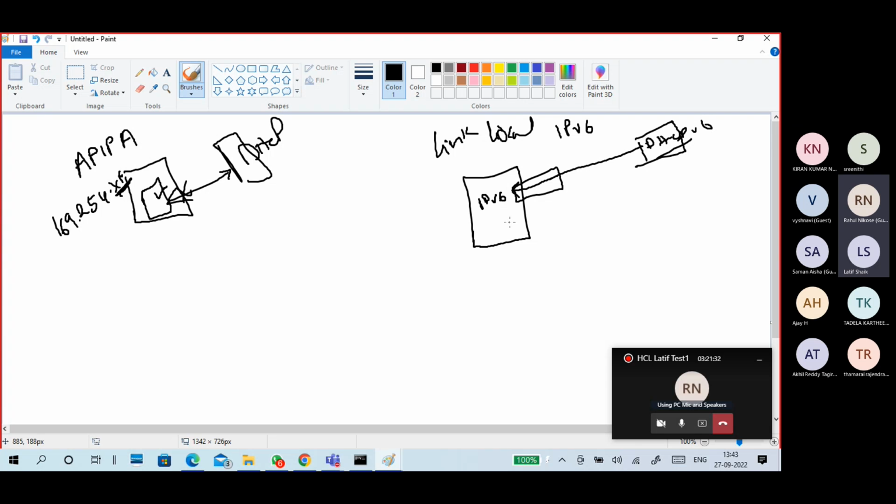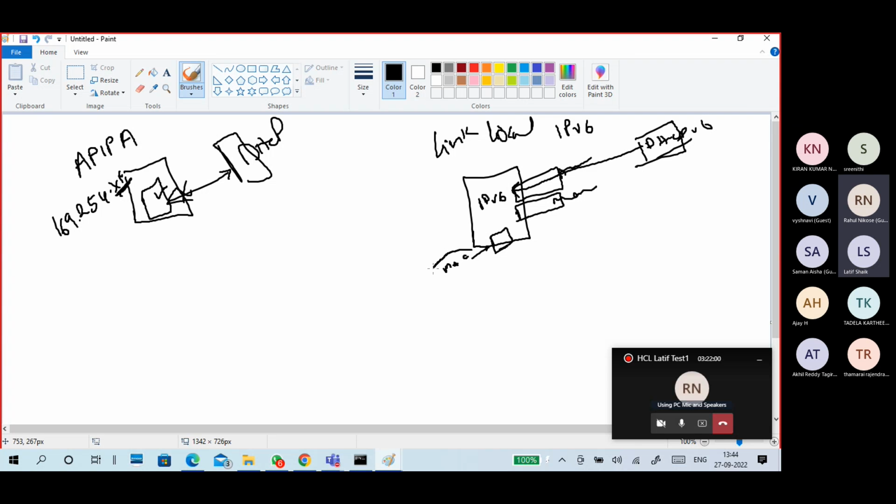Okay, or you can configure manually. Either you will configure manual or automatic. Whether you are having an IP address from DHCP server or manually configured, either way, your adapter, your NIC card, has a MAC address.